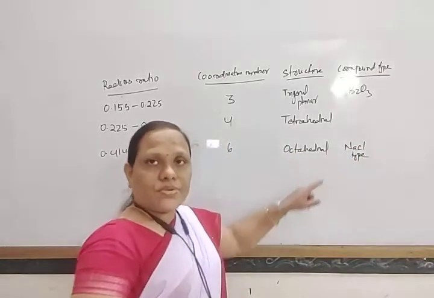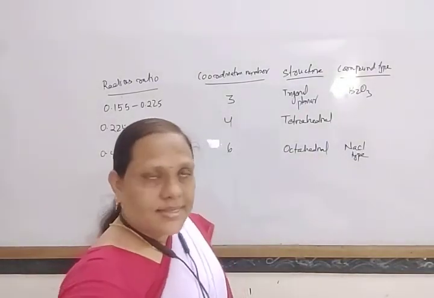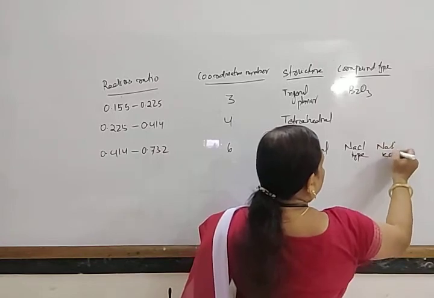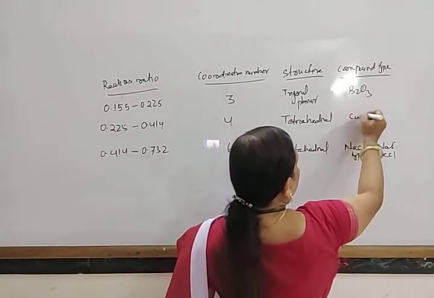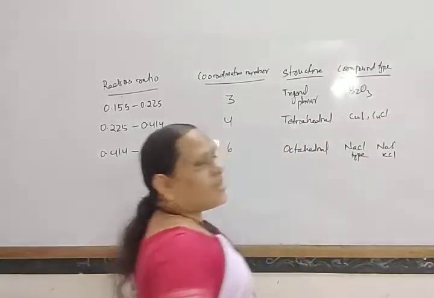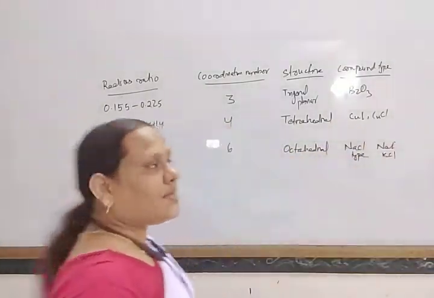All the halides of sodium and potassium come under this. This is NaCl type, or different compounds like NaI, KCl also have this type of structure. And then tetrahedral ones are copper halides, copper iodide, copper chloride. These have this type of structure, and we can say this is copper halide type.